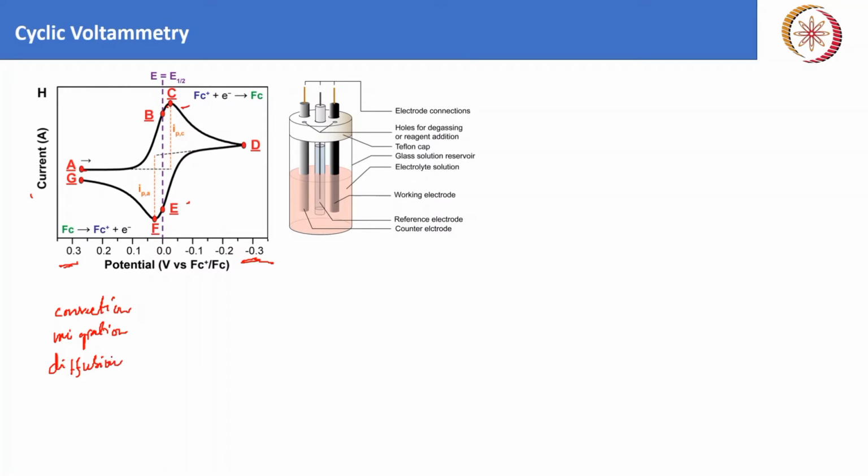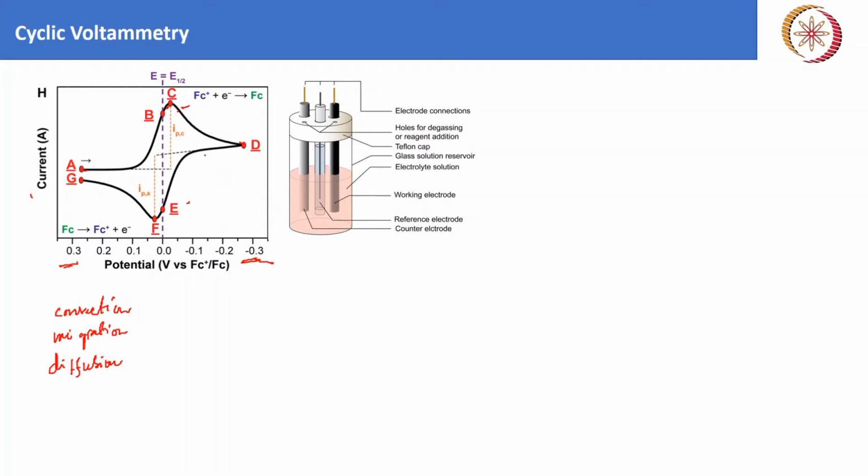In the cyclic voltammogram, we have already discussed that this is a diffusion-controlled process, where this is the maximum diffusion, and after that the diffusion layer of the analyte is increasing. So the probability of the species coming from the bulk solution to your electrode surface is decreasing. For this, after maximum current it is depleting, and then it goes to the D point.